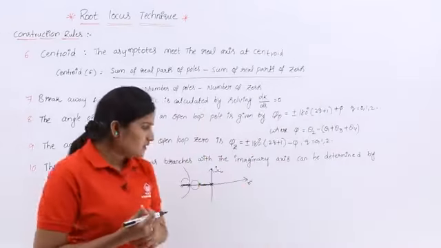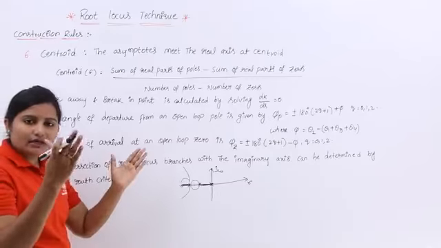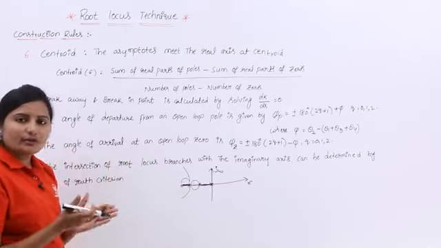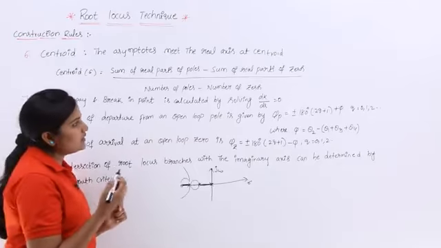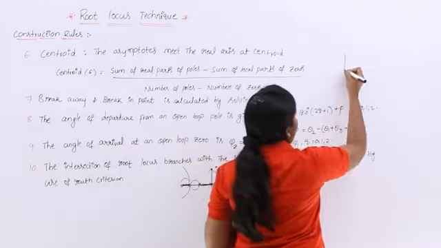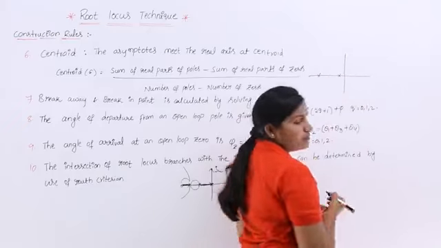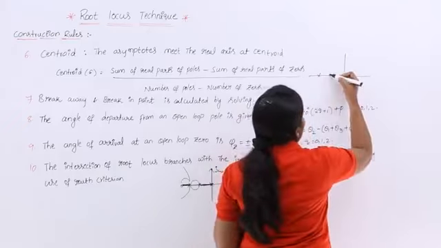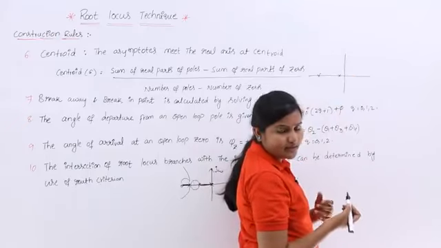Now coming to the centroid. Centroid is nothing but the meeting point of your branches or asymptotes in the real axis. For example, if you have a root locus like this, with poles like this, you have 3 asymptotes.